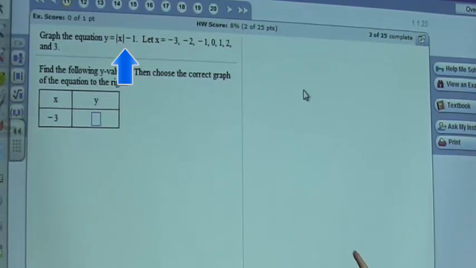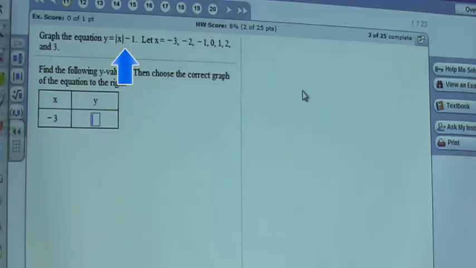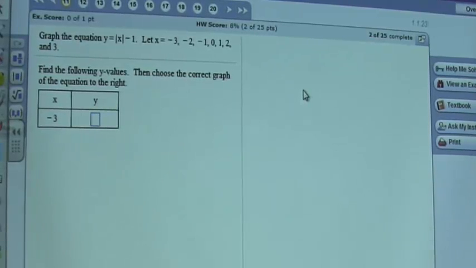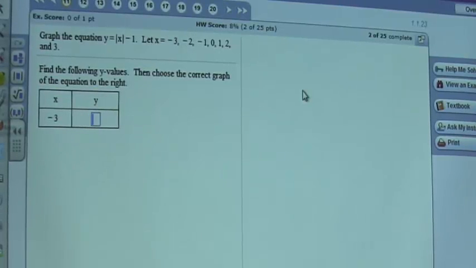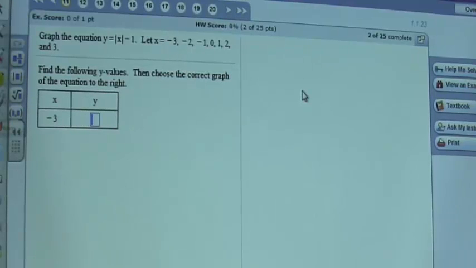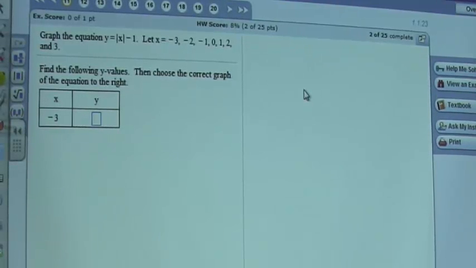Well, let's see. Absolute value, what does it mean? Some people would say, well, the absolute value is just the positive value of any number. And that's a good way of saying it. So the positive value of -3 is 3. The mathematical way of saying it is it's the distance from 0. But if you think about it, that gives you the same answer. If I go -3, how far away am I from 0? I'm 3 away.